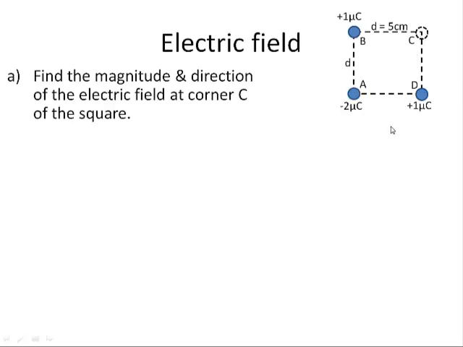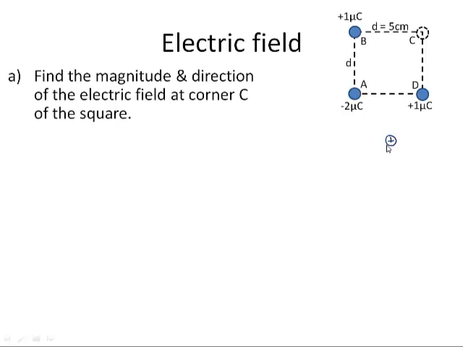So what we have to do first is imagine that we put a small positive test charge at point C. What would be the directions of the forces on that positive test charge?